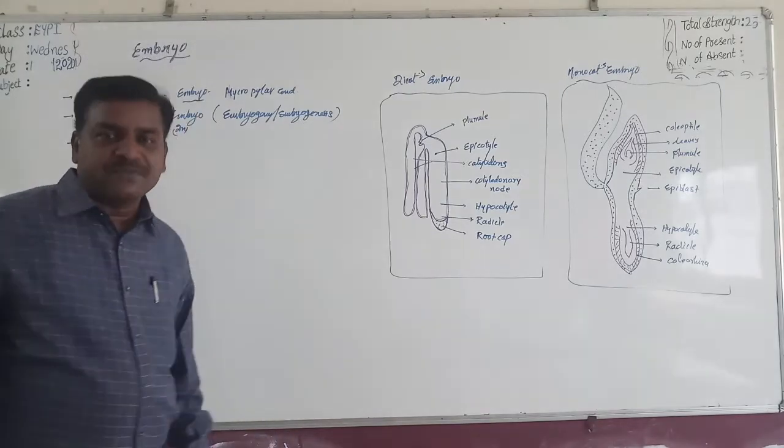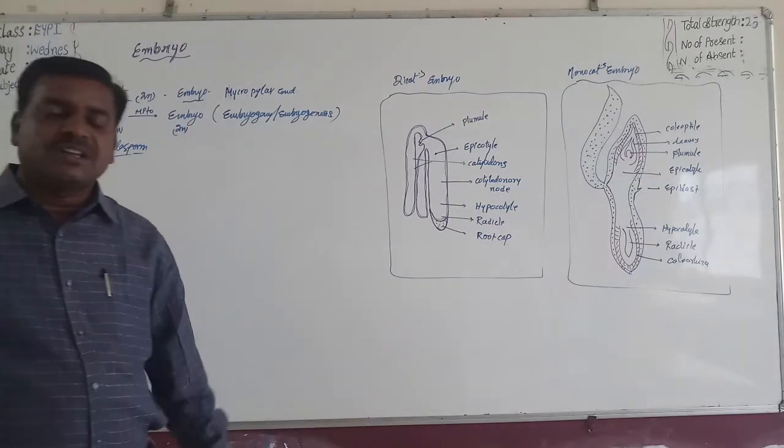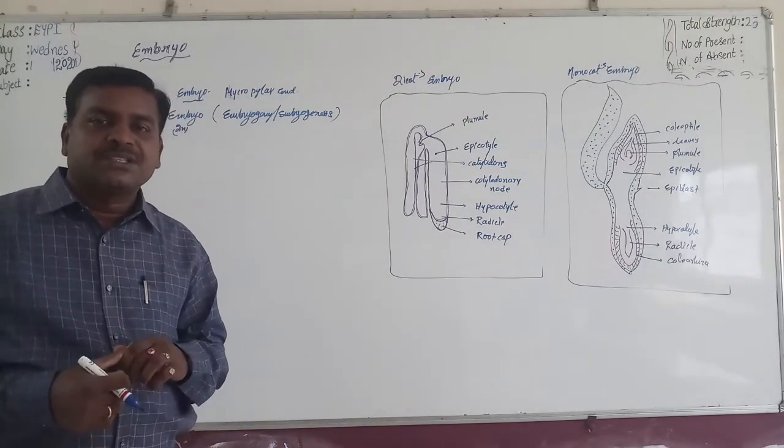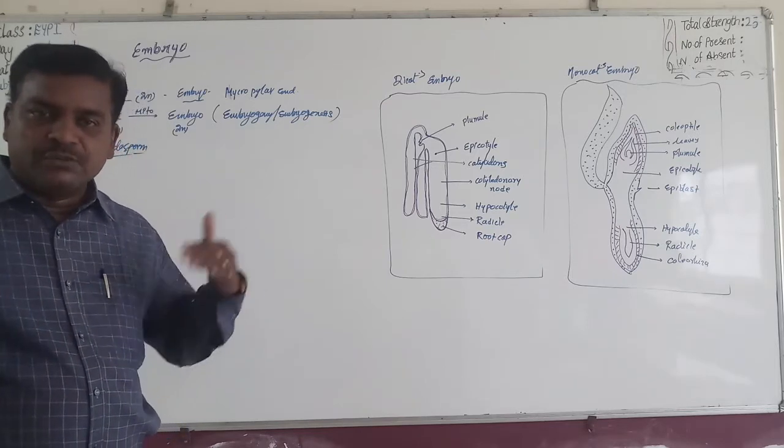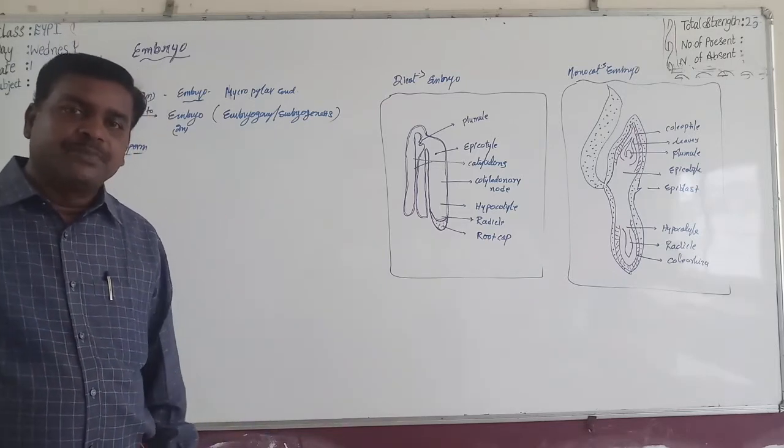Why is endosperm formed before the embryo? Because endosperm is the nutritive tissue for the developing embryo.